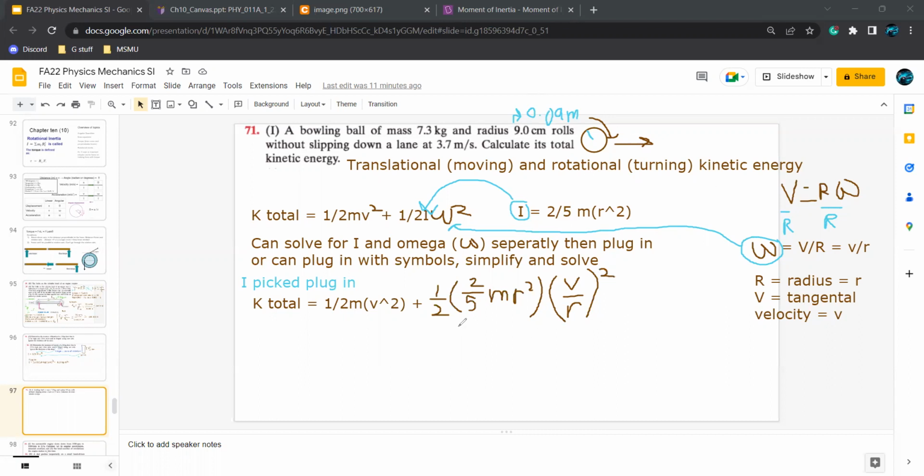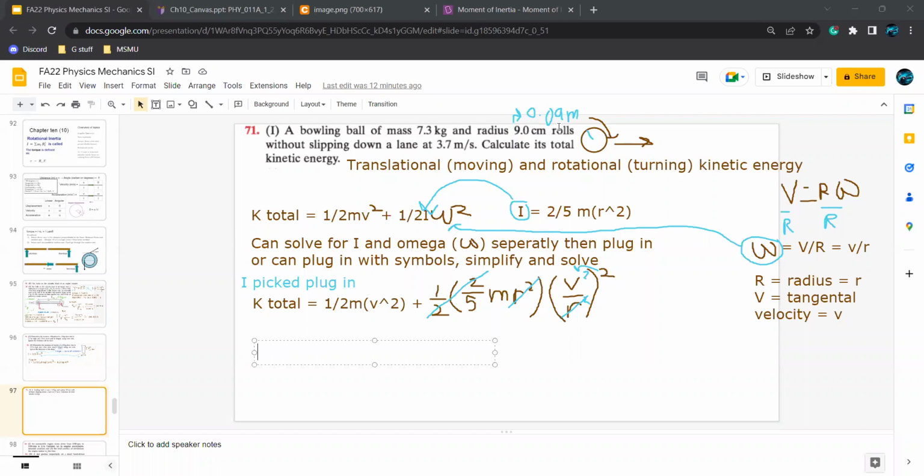Note that this is 2 over 2, so that's going to cancel out. When you input the omega, it's going to be v squared and r squared, which means you can cancel these two r's out. Cool. That gives you the equation.